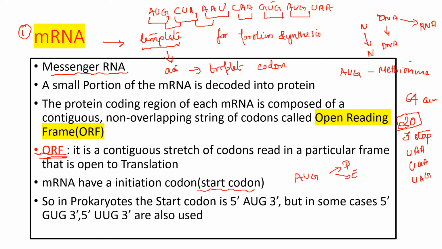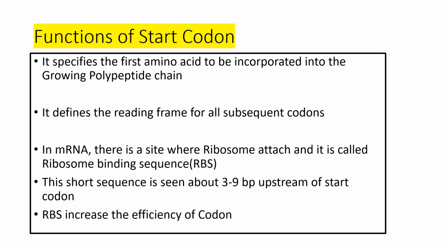But if you look into prokaryotes, there are some other start codons, like GUG, then UUG, etc. that act as start codons. Okay, so GUG or UUG act as start codons other than the AUG. AUG codes for methionine, GUG codes for alanine, like that.